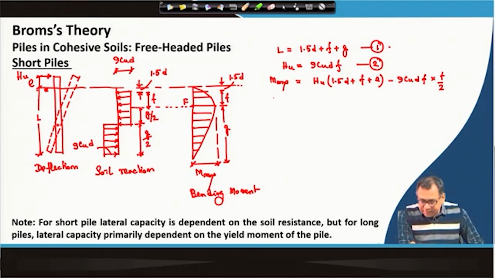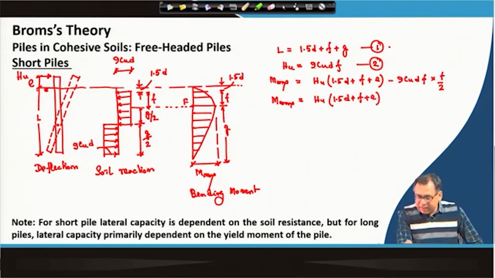So, if I simplify this equation, I can write that M max is equal to HU into 1.5 D plus F plus E, and this 9 CuD F is equal to HU.